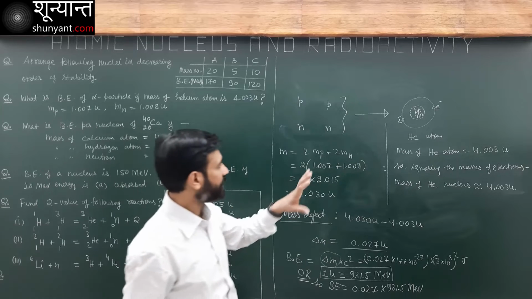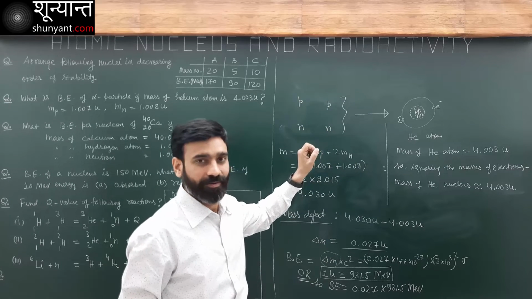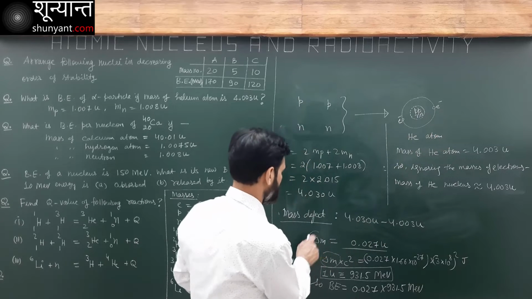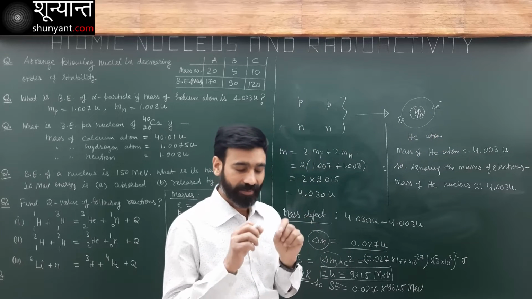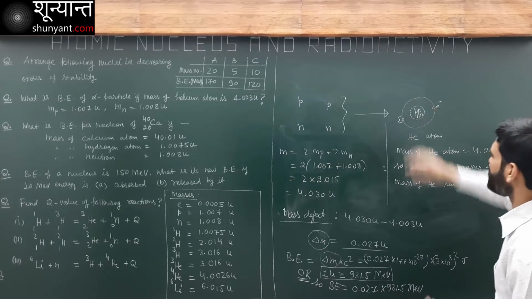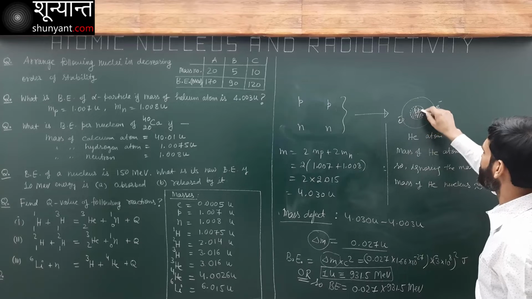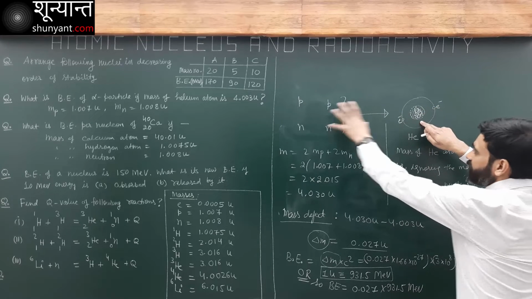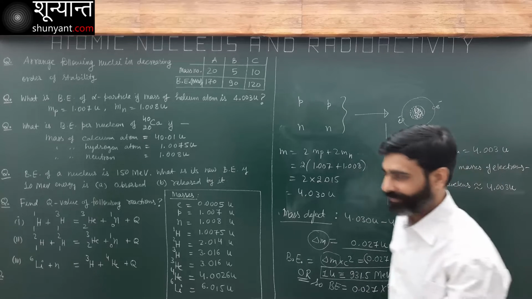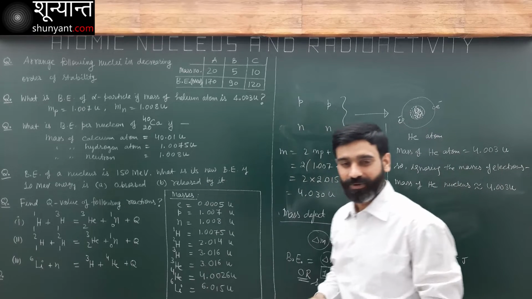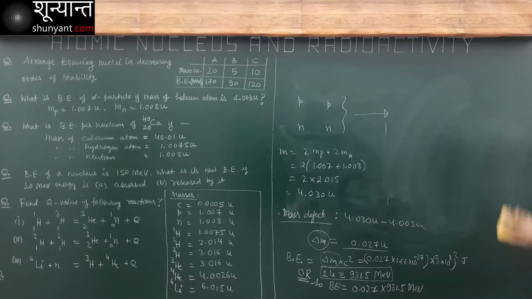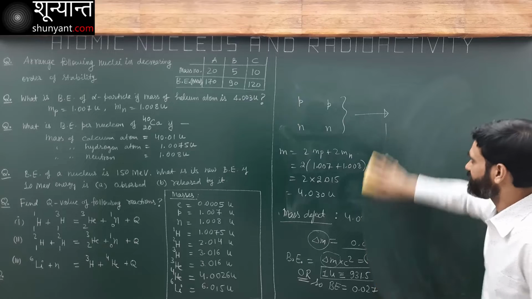I will not consider the mass of electrons here, because I have already ignored them. Anyway, when I say mass defect, I am concerned only with the difference in the mass of this nucleus from its constituents. Let's see more problems, then you will understand, I'm sure. Let's try to keep it as simple as we can.